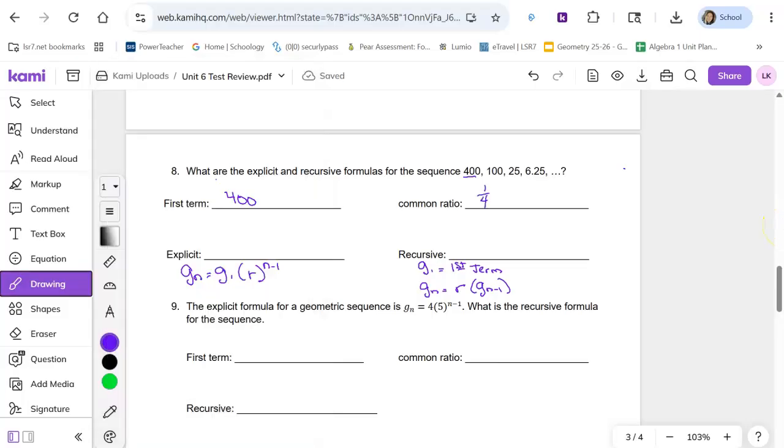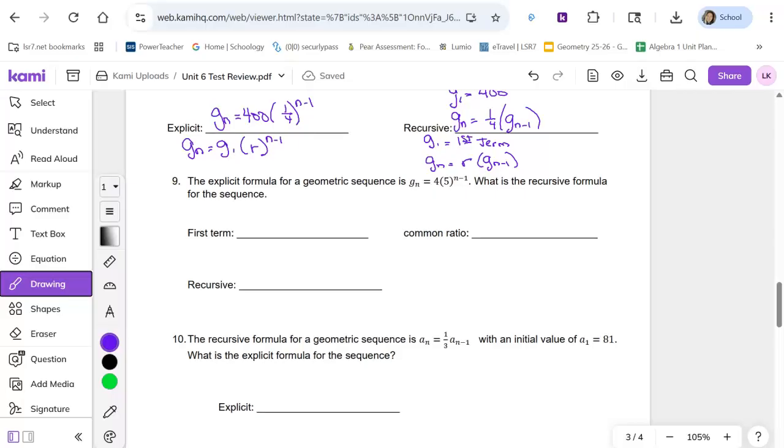For my explicit formula, I have G sub n equals 400, that's my first term, times 1/4 to the n minus 1 power. My recursive would be G sub 1 equals 400, and then G sub n equals 1/4 times G sub n minus 1.